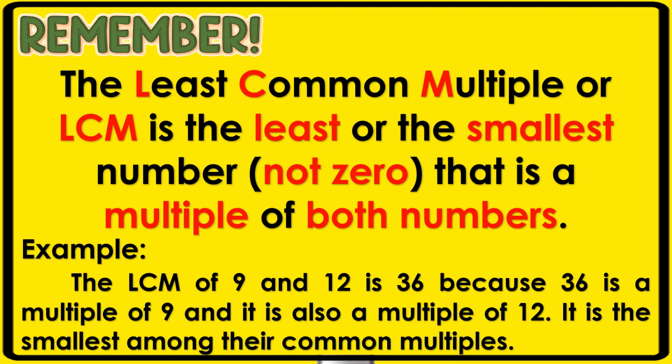Example, the LCM of 9 and 12 is 36 because 36 is a multiple of 9 and it is also a multiple of 12. It is the smallest among their common multiples.